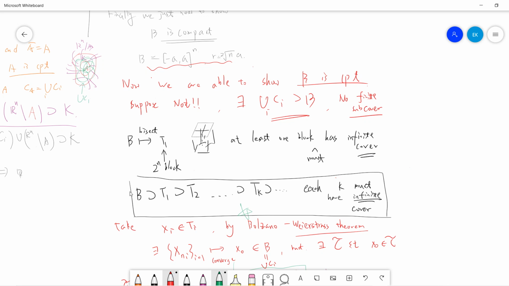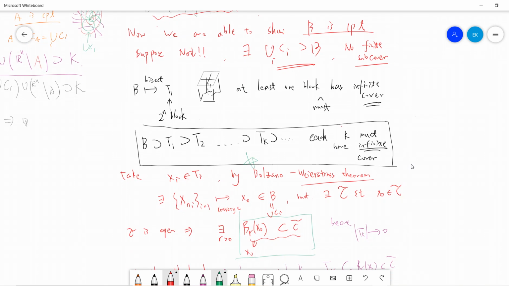So we get B containing T1, containing T2, up to Tk, and each Tk must have an infinite cover by definition, right? Now we can pick x_i belonging to T_i. So we pick a sequence x1, x2, and keep going. By Bolzano-Weierstrass, this x_k is a bounded sequence, so there must be a convergent subsequence.